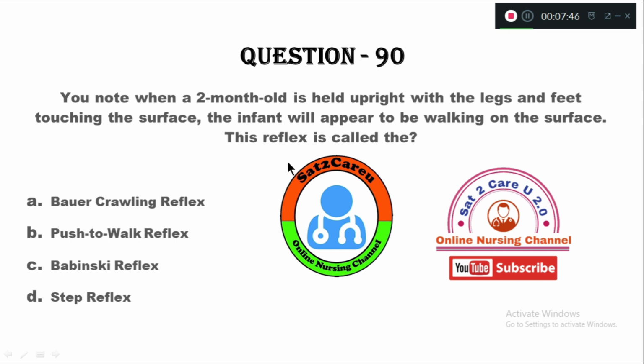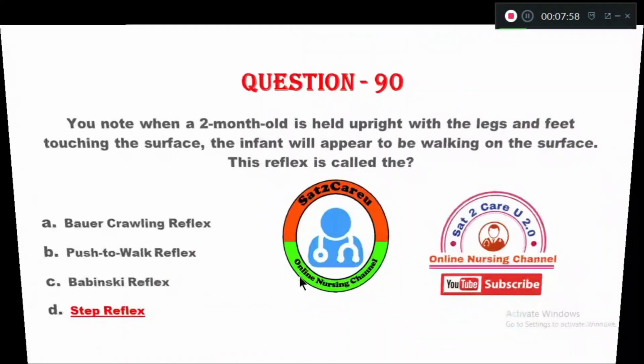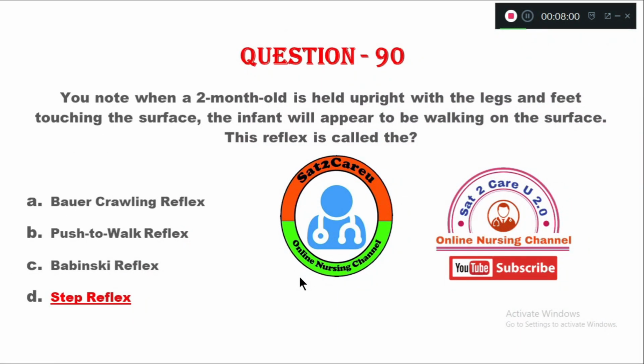So a 2-month-old held upright with the feet touching the surface appears to be walking. This reflex is called step reflex. Option D, step reflex, is right.